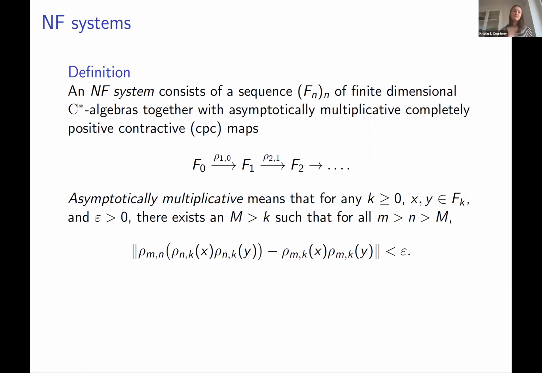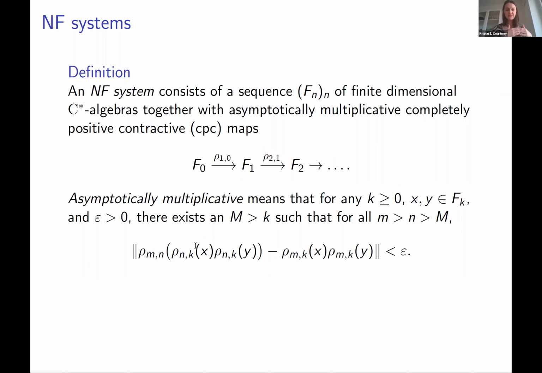So by asymptotically multiplicative, what I mean is the following: for any of these F_k in the sequence, if I take two elements in F_k and some tolerance epsilon, then if I go far enough down along the sequence, once I've passed a certain threshold M, then if I take the image of x and the image of y in the nth term in this sequence, and in a sense, remember, we're identifying, especially in the limit, x and y with their entire sequence of images, right?